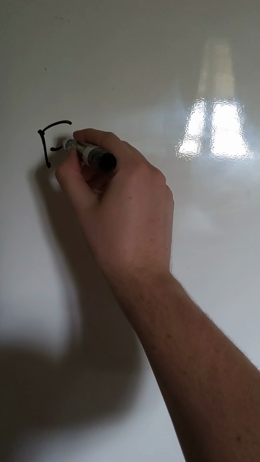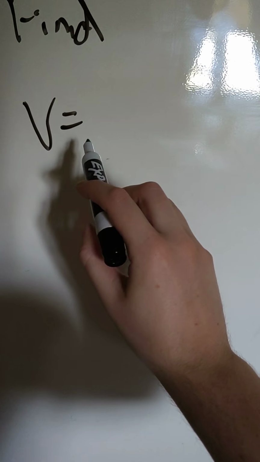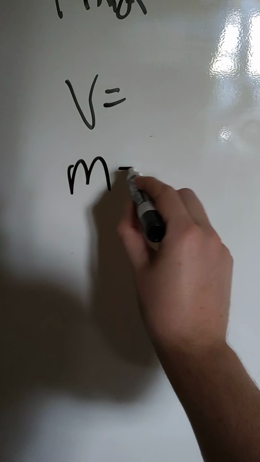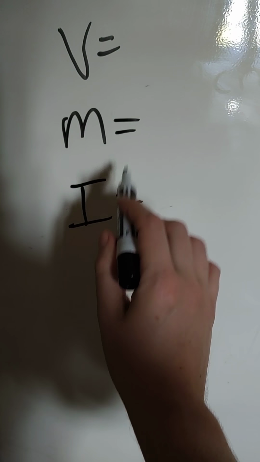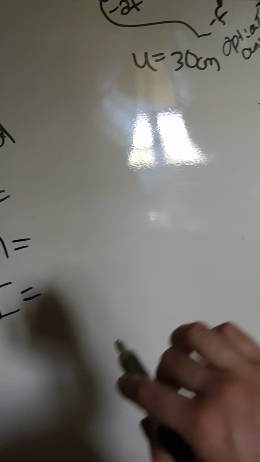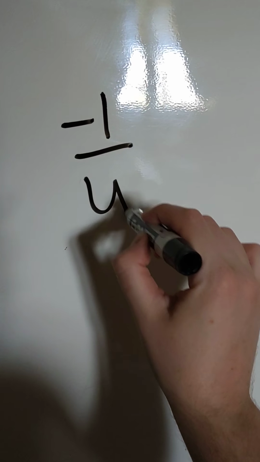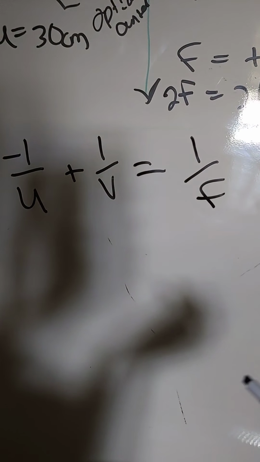We are finding the normal finds. We need to find V, image distance, magnification, and image size. VMI. So to find V, we do minus 1 over U plus 1 over V equals 1 over F. That's our equation.